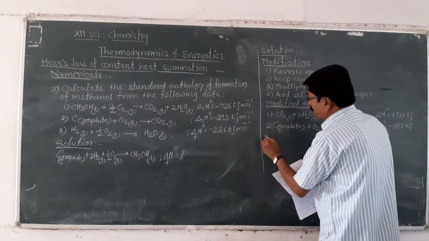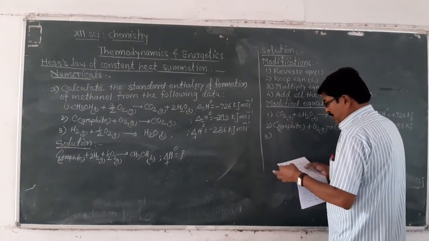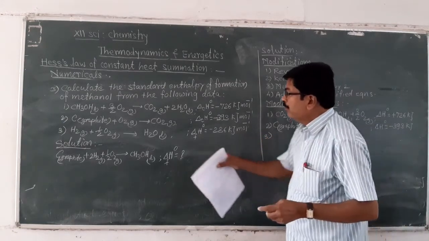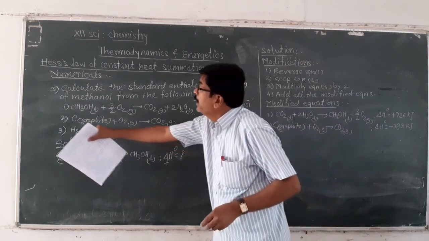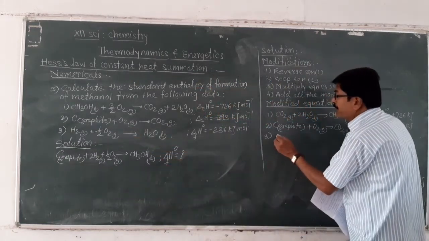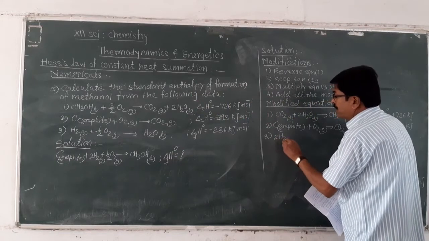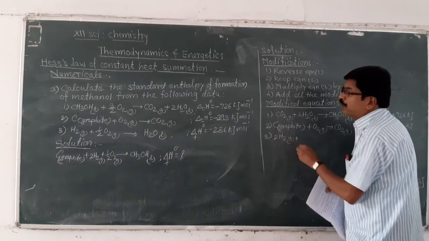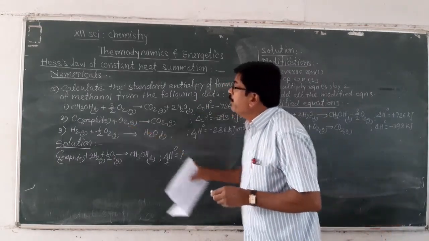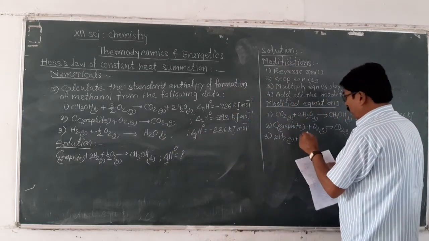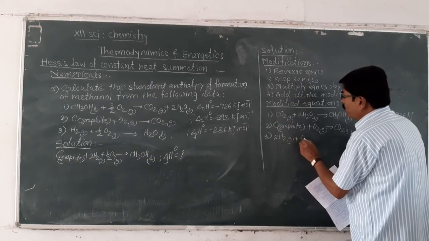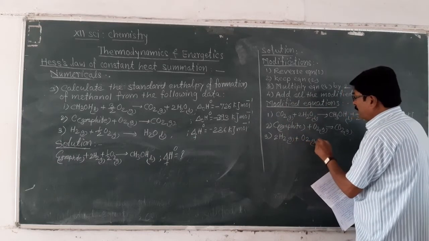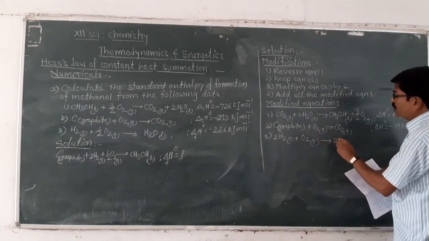And the third equation. Here we have to multiply equation 3 by 2. That means on multiplication it becomes 2H2 gas plus, 2 into 1 by 2 means it becomes 1 O2 gas, and it gives 2H2O liquid.